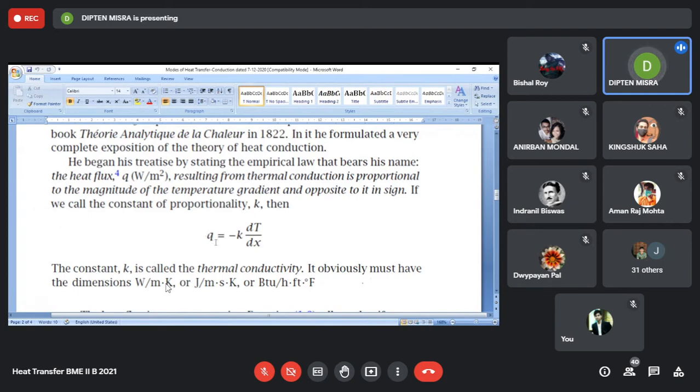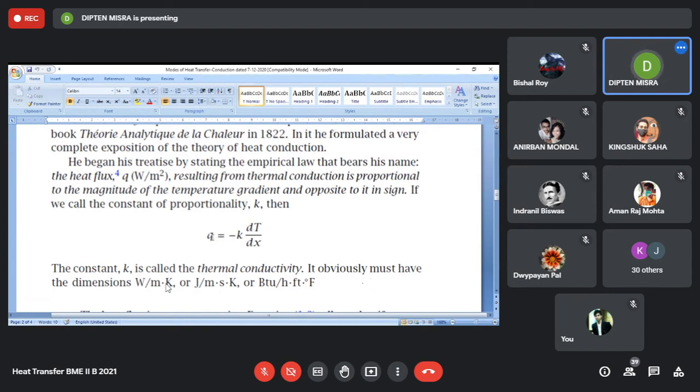This small letter q also indicates the heat flux. Whereas when we talk of the rate of heat transfer, we indicate it with capital Q dot, with a dot on top of the capital Q. The heat transfer rate is indicated by capital Q dot, whereas the heat flux is indicated by either small q or small q double prime.